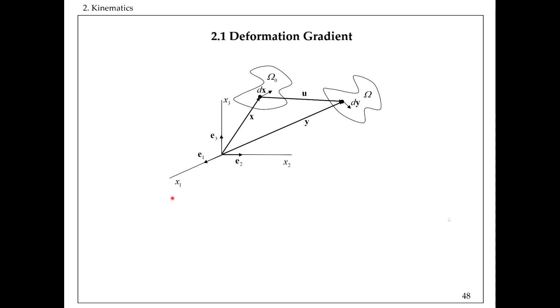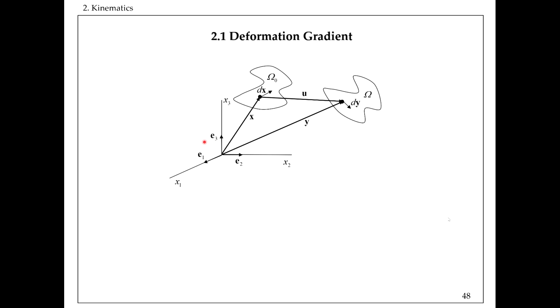Now all that happens in some coordinate system, and for simplicity let's say this is happening in the Cartesian coordinate system. We don't lose any generality by introducing it in the Cartesian coordinate system.